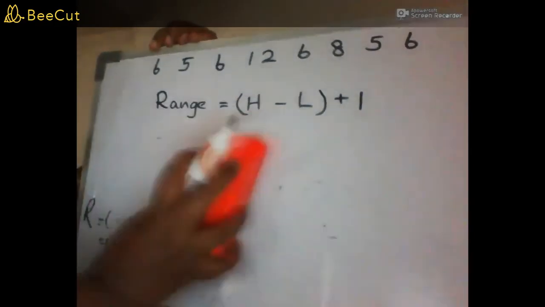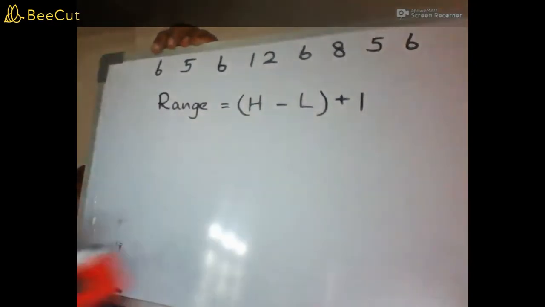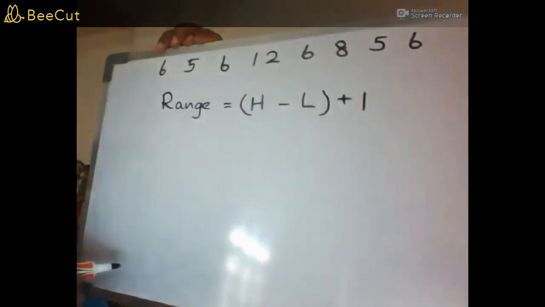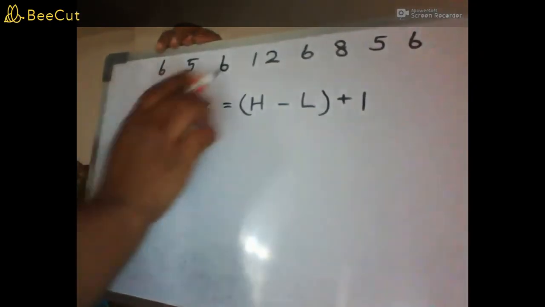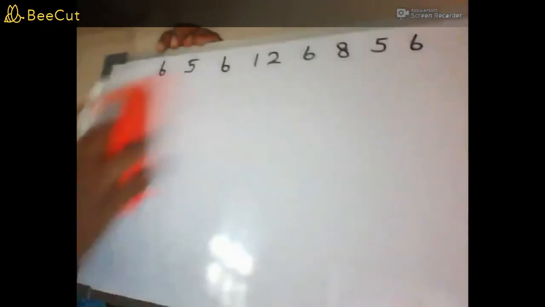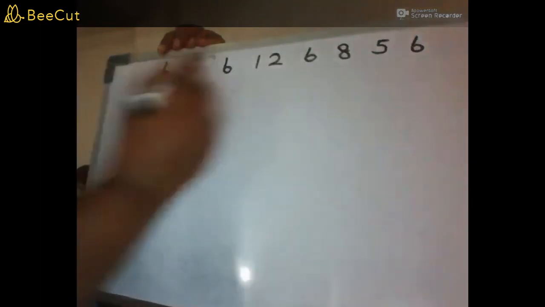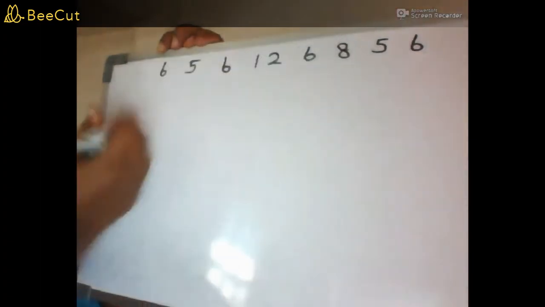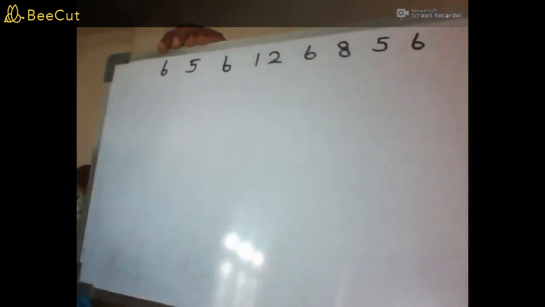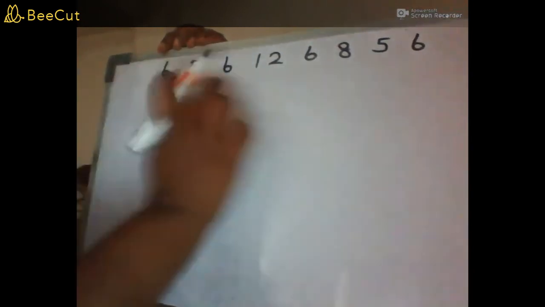Now we are going to calculate the range for discrete data. Up there, you can find the series. In discrete data, you can find 6 occurring 3 times like that. Now what you have to do? You have to arrange them. It's easy. Here also you can find the highest and the lowest. But by the way, what's the mode here? Even for that, you can arrange.